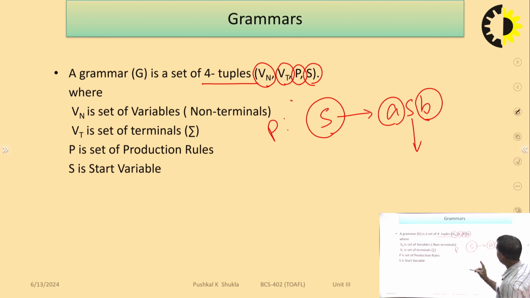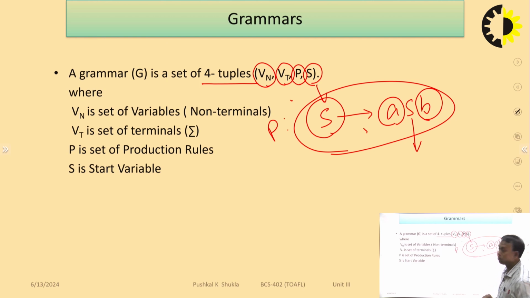So grammar consists of the 4 tuples Vn, Vt, P and S. Generally, non-terminals are represented by capital letters and terminals are represented by small letters. Here S is the start symbol, so we start from S, and all these are known as the production rules.